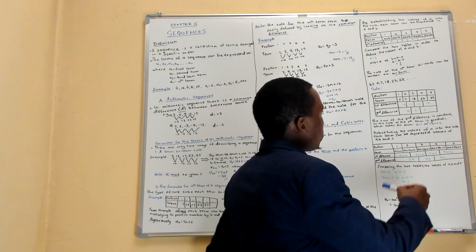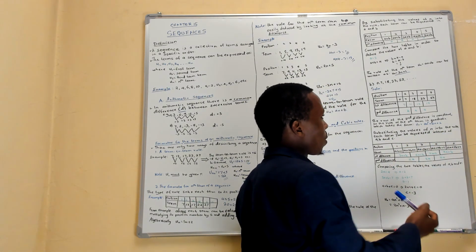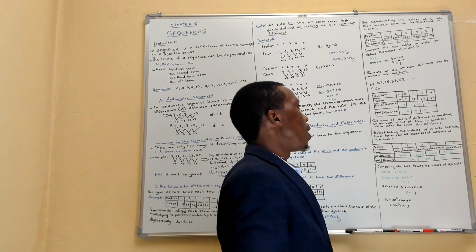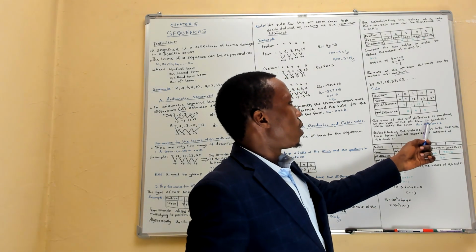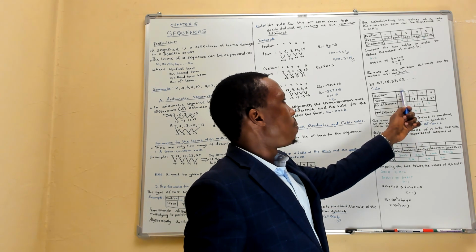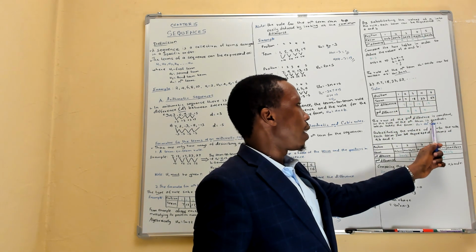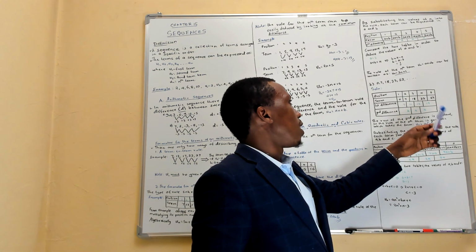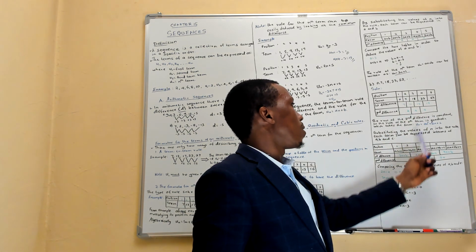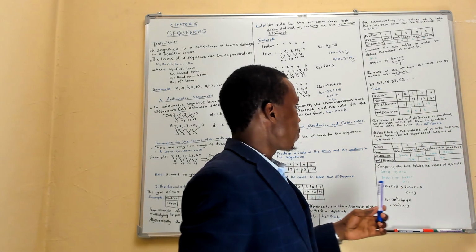So substituting the values of n into the rule, in other words, if these ones have n, then I have the positions here. Now I want to substitute these positions in here. So can I rewrite the first term in terms of A, B, and C?